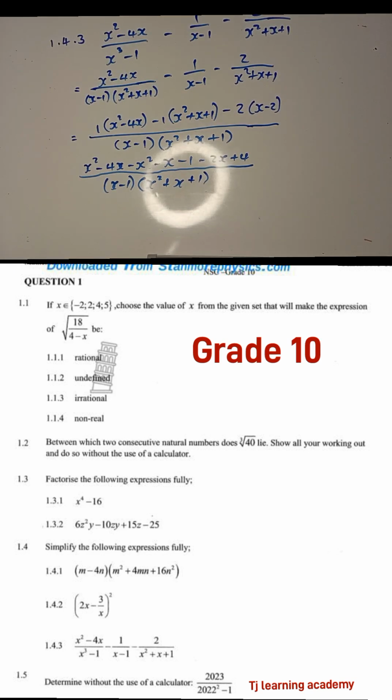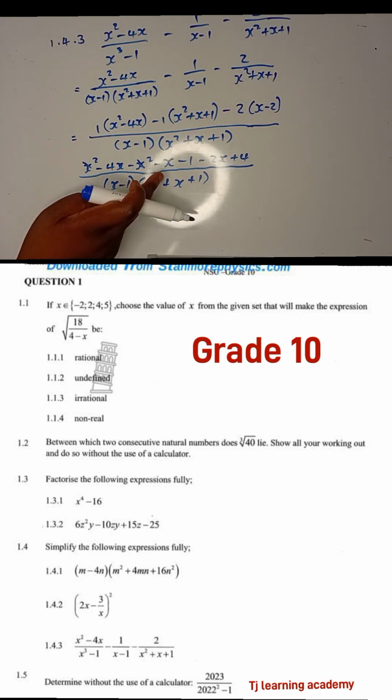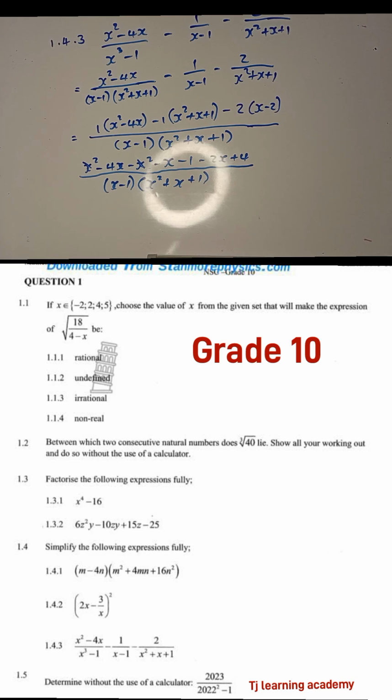So now I'm going to group the like terms. So this one and this one will cancel. Minus 4x minus x is minus 5x, minus 2x is going to be minus 7x.